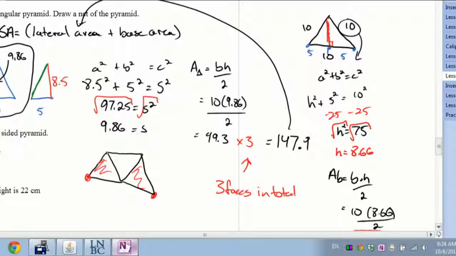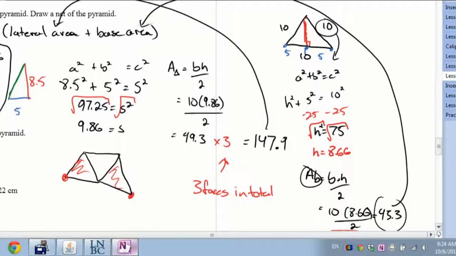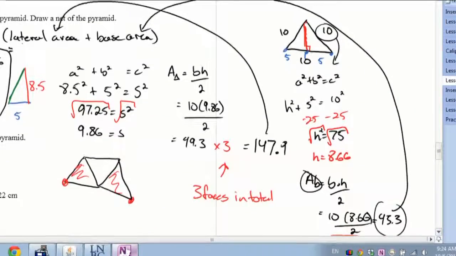86.6 divided by 2 is going to give me 43.3. Now that was the area of the base. So I'm going to take that now and plug it in.